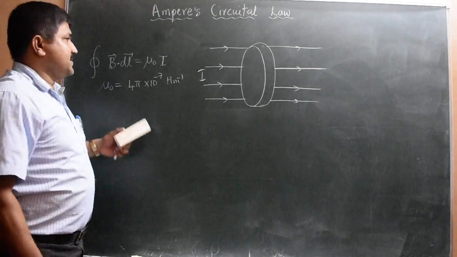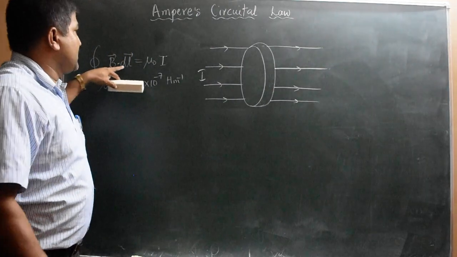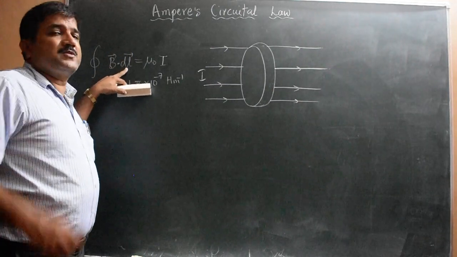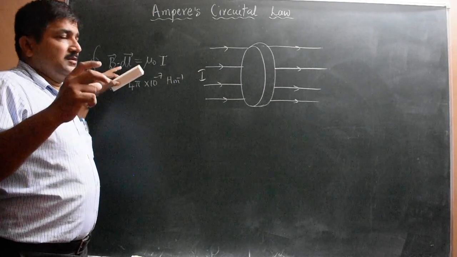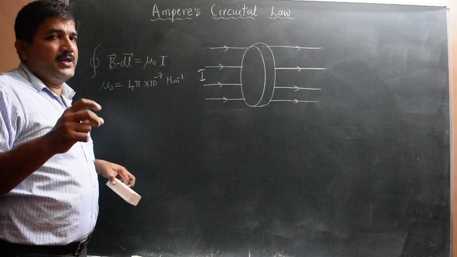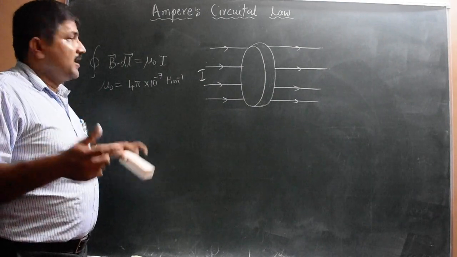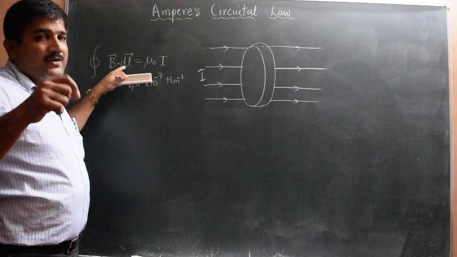So what you have to do is, at every point on this surface, take the magnetic field B and the small elemental length dl, and take the dot product. What is the significance of the dot product? B dot dl equals B into dl into cos theta, where theta is the angle between the magnetic field at that point and the dl vector.